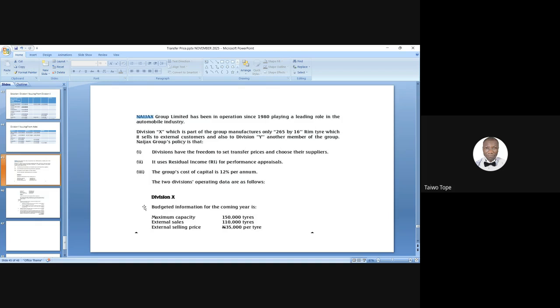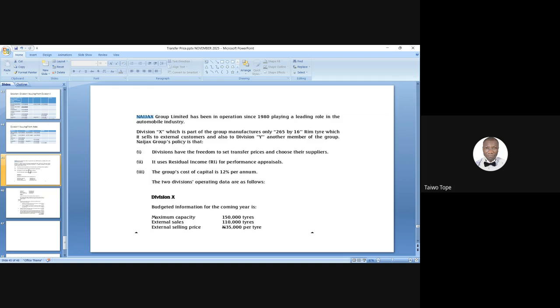But what is the opportunity cost in this case now? The contribution. On 40,000 tires, what is the contribution? Are you selling it? You are not selling it. There is no buyer for it. It's only Division Y that is interested. So there is nothing you are forgoing. The contribution of 35 minus the variable cost is what?